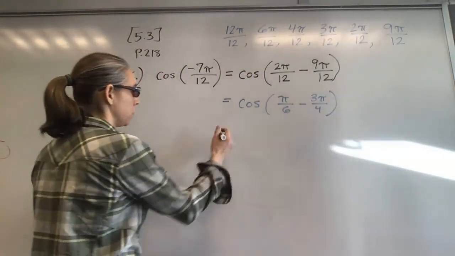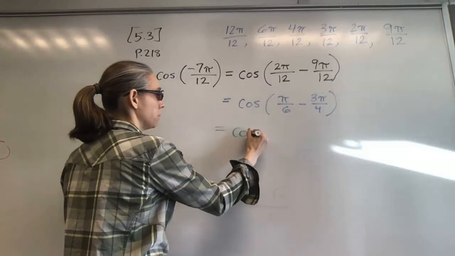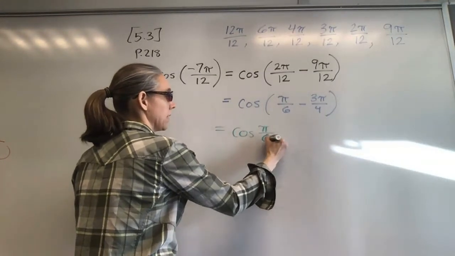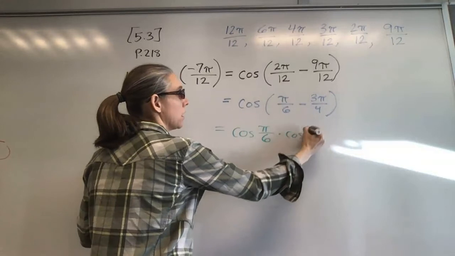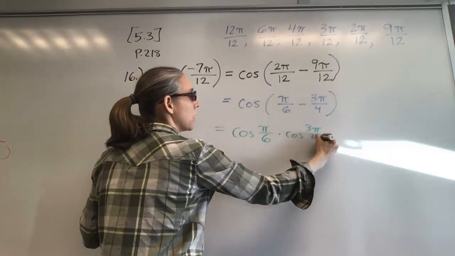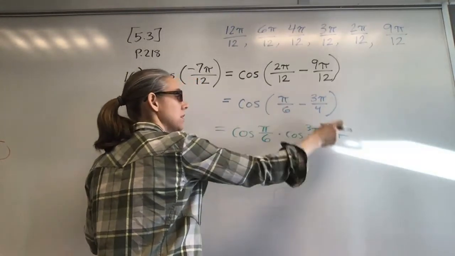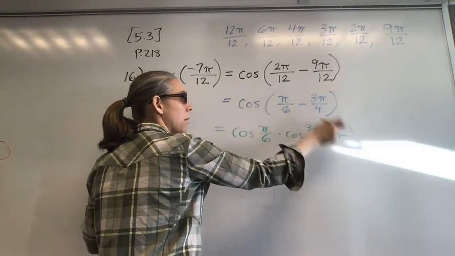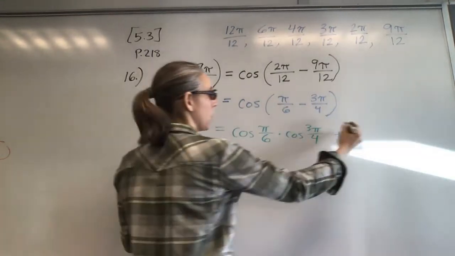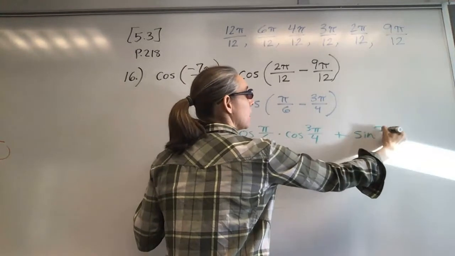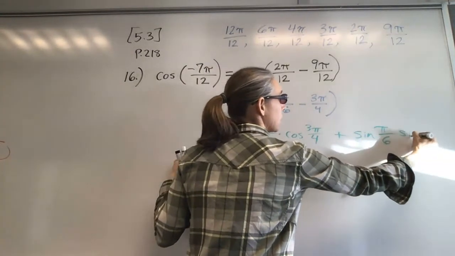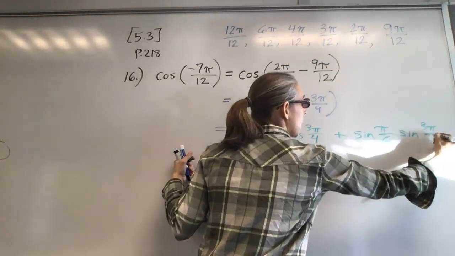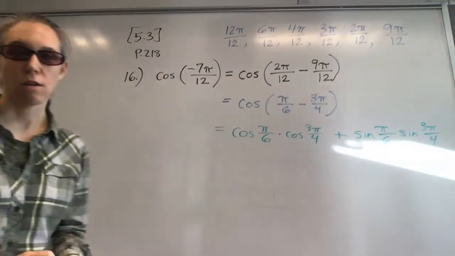So first, we do cosine of pi 6 times cosine of 3 pi fourths, and then we're going to have a plus sign because these will be opposite signs there. And then we have sine pi 6 times sine 3 pi fourths.